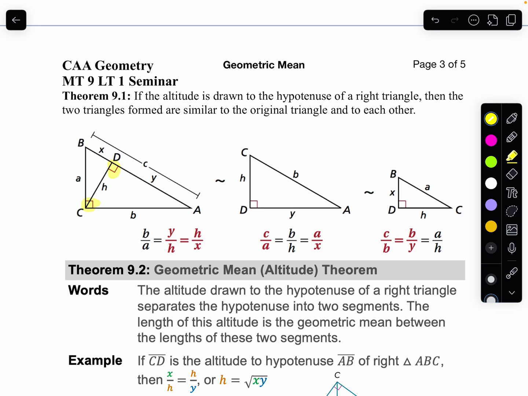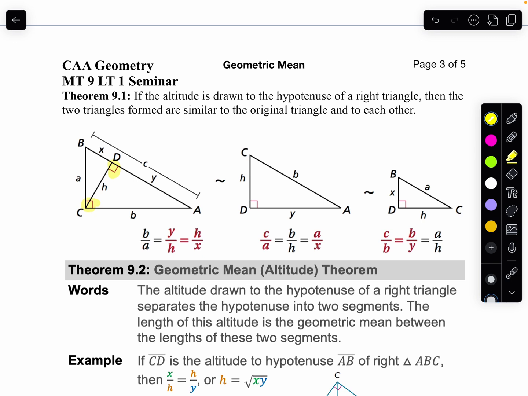Now I have to do a little rotating and reflecting to see them. But as it turns out, triangle ABC is similar to triangle ACD, and that's similar to triangle CBD. We get our geometric means here.